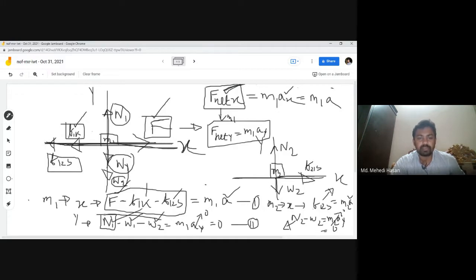This is the net force along the y axis, and this is equal to M1 ay. Here ay is 0 কারণ y এর দিকে সে মুভ করতে পারছে না, শুধু x এর দিকে যাচ্ছে, so that's why this part is 0. So then we can say N1 minus W1 minus W2 is equal to 0.